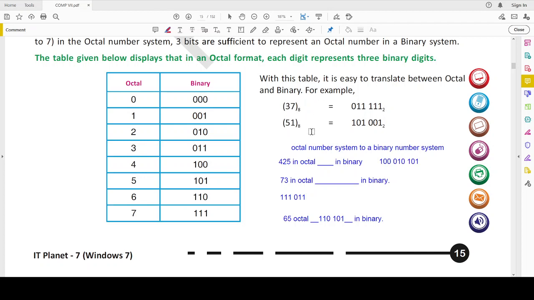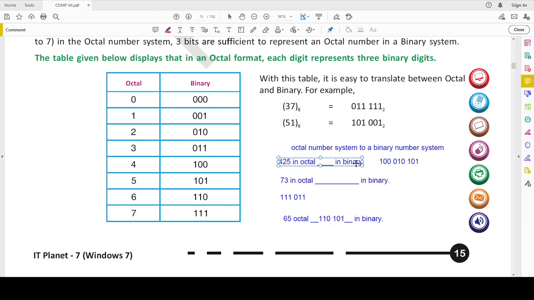So octal to binary, right? Octal number system to binary number system. So let's take an example, 425. 425 in octal is dash in binary.